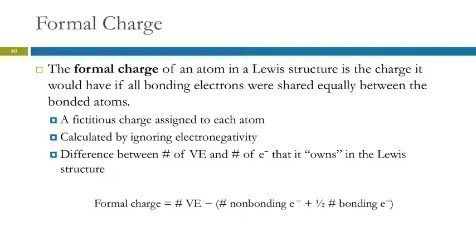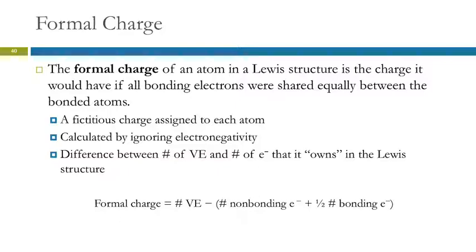Formal charges. So I showed you how oxygen likes to form 2 bonds, chlorine likes to form 1 bond, etc. This is a more rigorous way of figuring out which is the best of the Lewis structures that you might possibly be able to draw. So the formal charge is a made-up thing, kind of like oxidation states are made up.